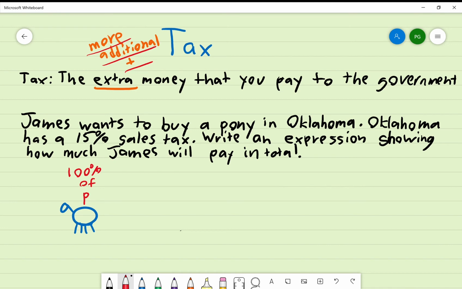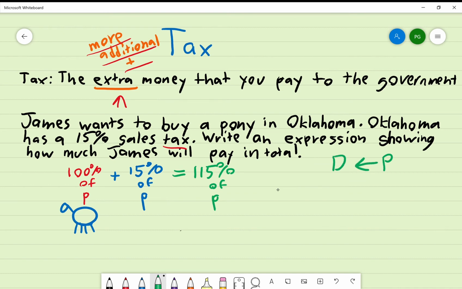But since Oklahoma has this tax, and a tax is something extra that we have to pay, he's going to pay an extra 15%, an additional 15% of what that pony cost, of P. 100% of P plus 15% of P becomes 115% of P. Remember, I want to take my percentage and move it to a decimal. I'm moving right to left, so I take the decimal point at the end of 115, and I move it 2 spaces to the left. It becomes 1.15.